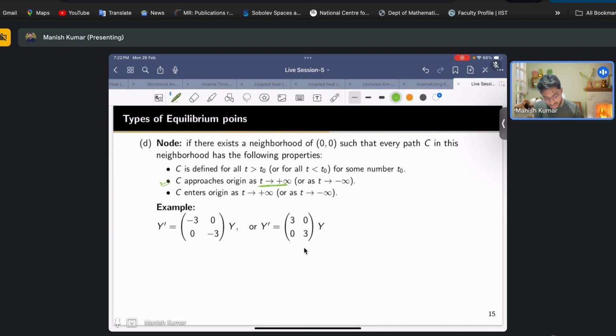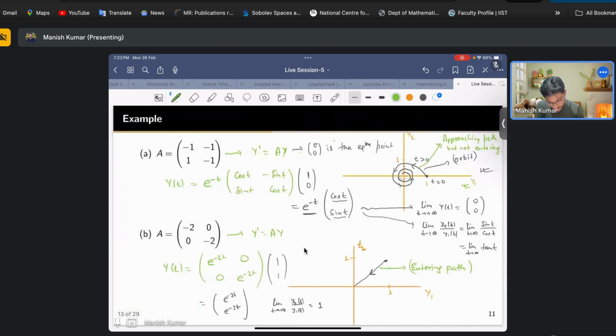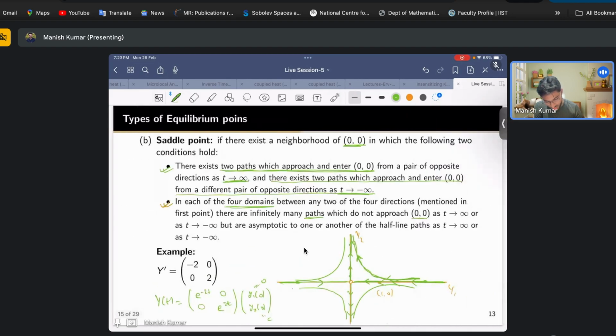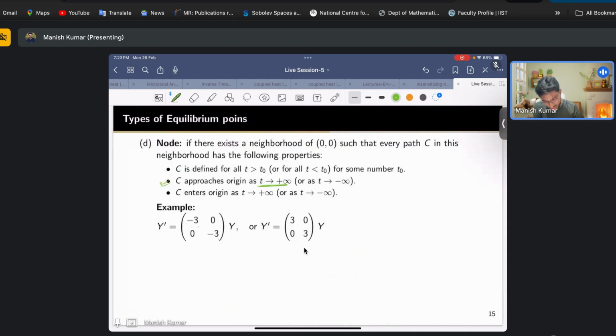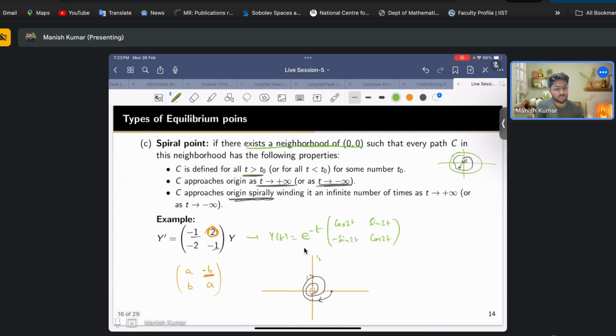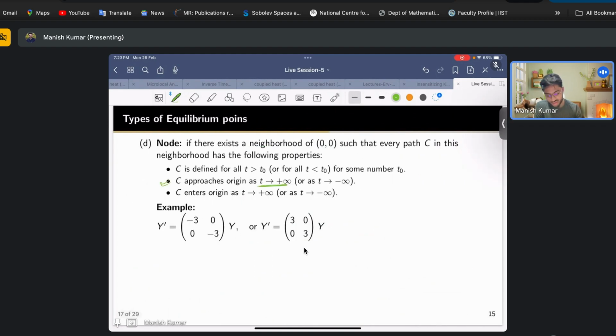We have seen in this example, the diagonal thing. When I come to the characterization, you will see how the eigenvalues will impact. All these examples I've chosen are constructed from that eigenvalue characterization. I'll tell about that characterization at last.